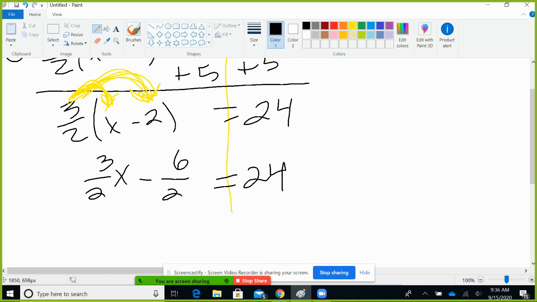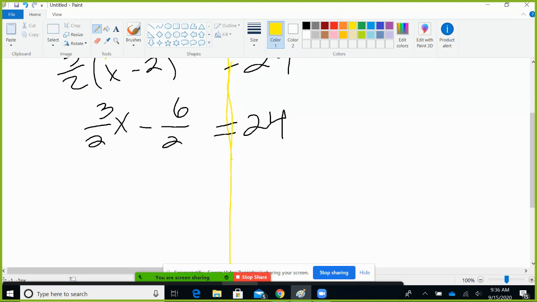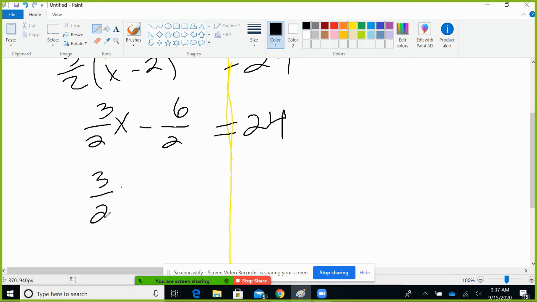It's 6 divided by 2. Three. So I now have 3/2 x minus 3 equals 24. What do I do with the 3?